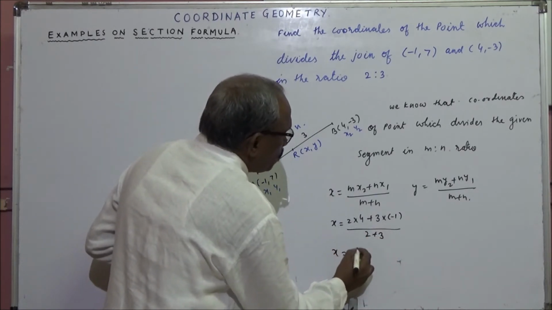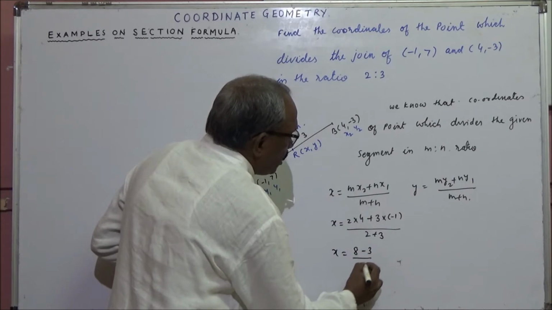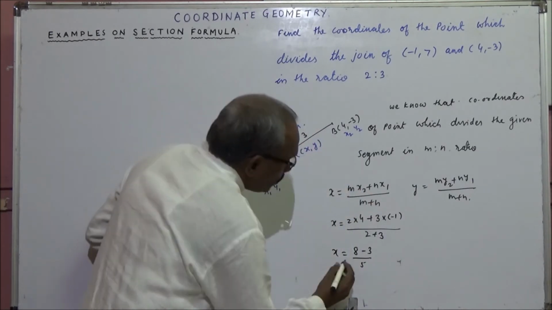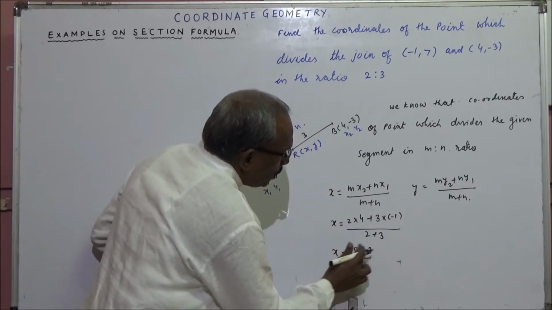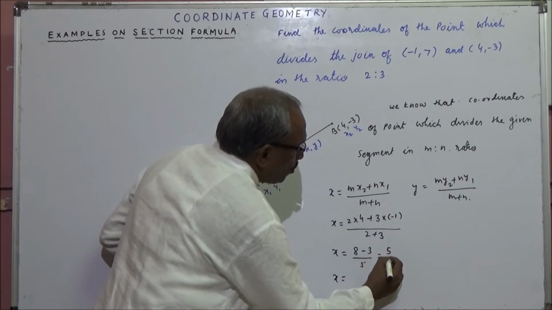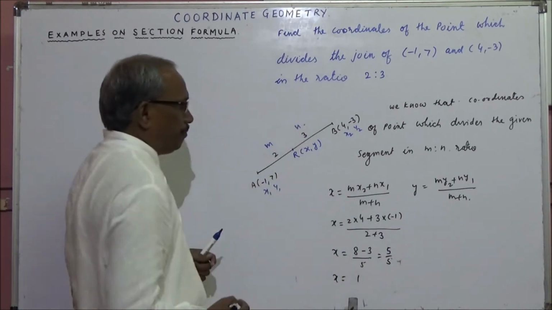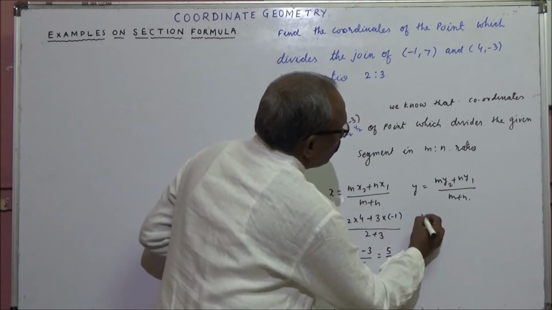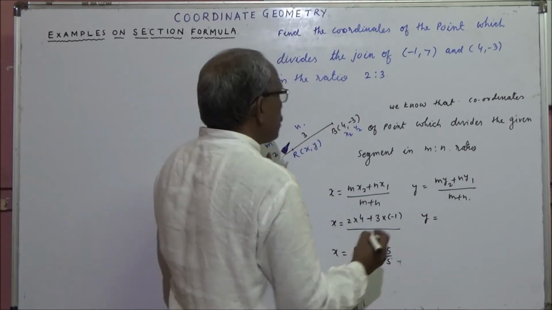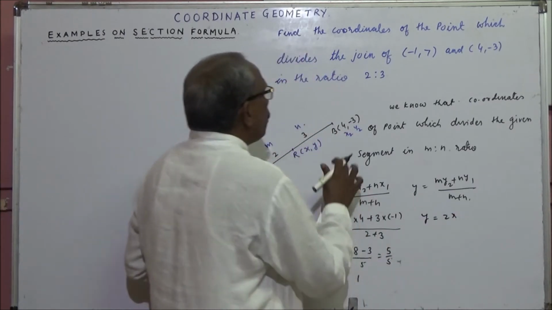So x is equal to (8 minus 3) upon 5. So x is equal to 5 upon 5. It is 1.